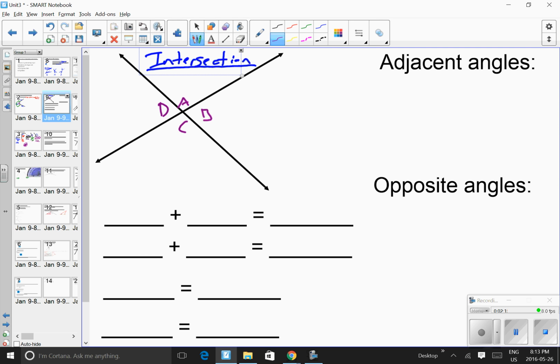I'm not going to measure it because, if you watch my last video, you see I have difficulties with the protractor. Let's just assume that angle B is 75 degrees.